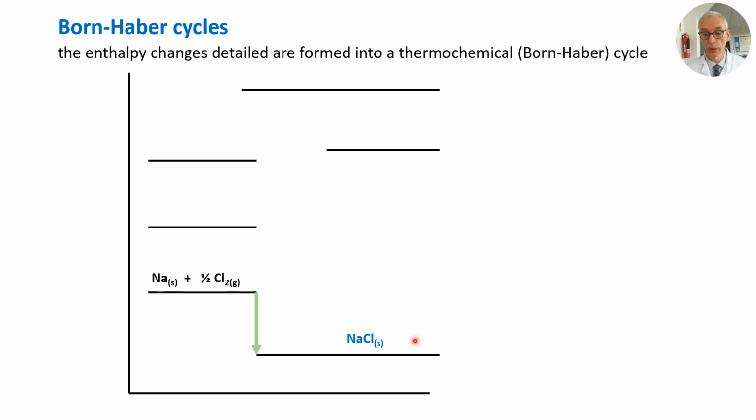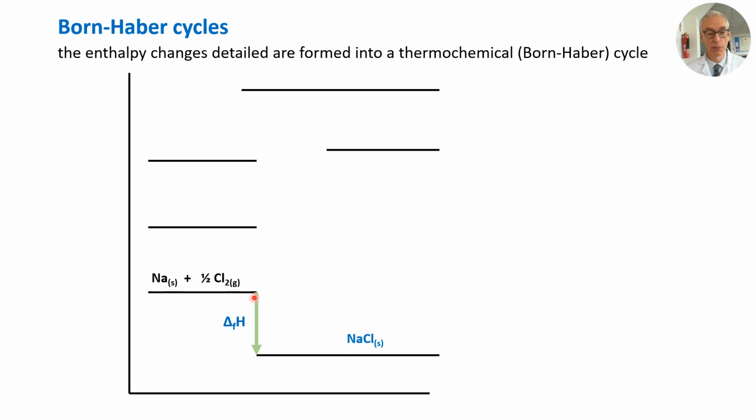Okay, so if I reveal, that enthalpy change is the enthalpy of formation for sodium chloride. 1 mole of sodium chloride from the elements at standard conditions. Now, what I'm going to do is equate that enthalpy change to all of the enthalpy changes in an alternative route from sodium and chlorine to sodium chloride.